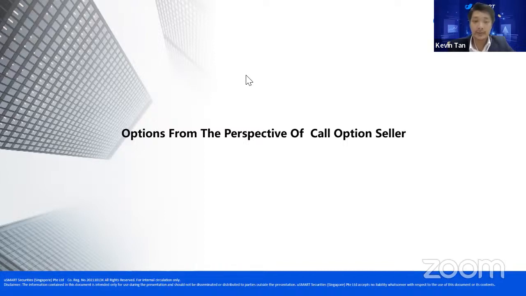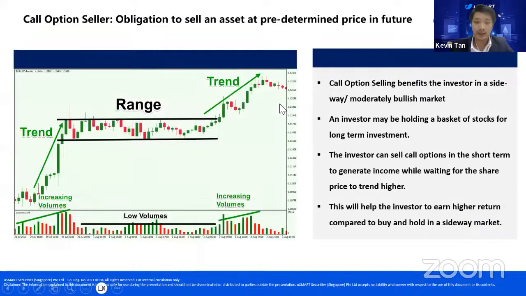Okay. So now maybe I'll just share a little bit on the perspective of the call option seller first. Now, a call option seller basically has the obligation to sell their stock at a specific price in the future.